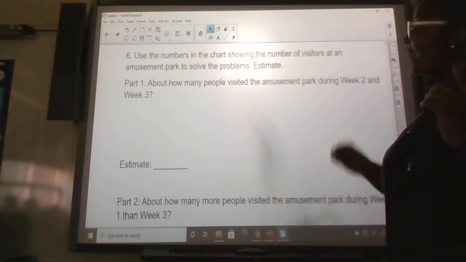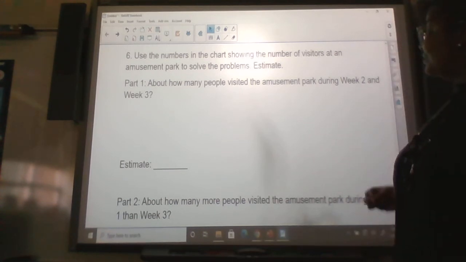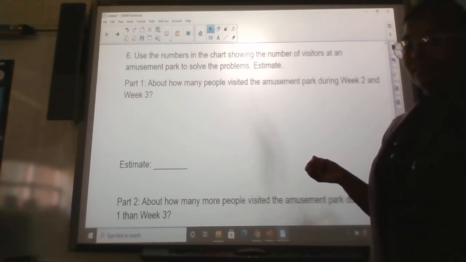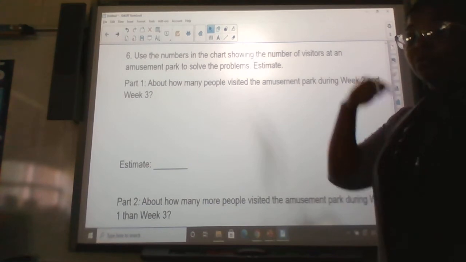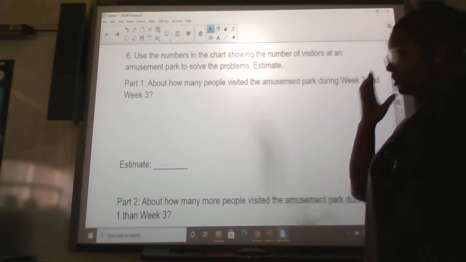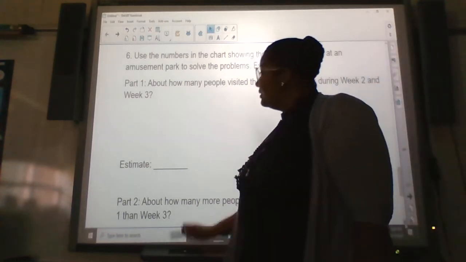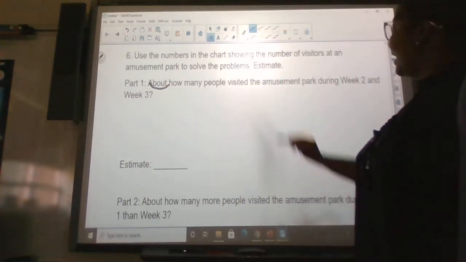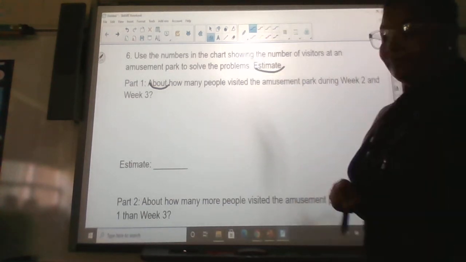Part 1. About how many people visited the amusement park during week 2 and week 3. I'm going to use the rounded numbers in the other chart because it says about and estimate.